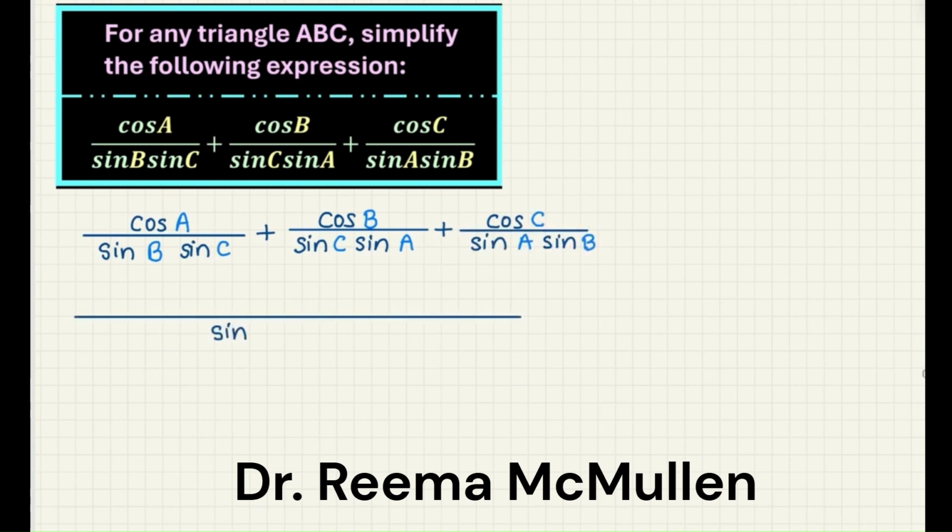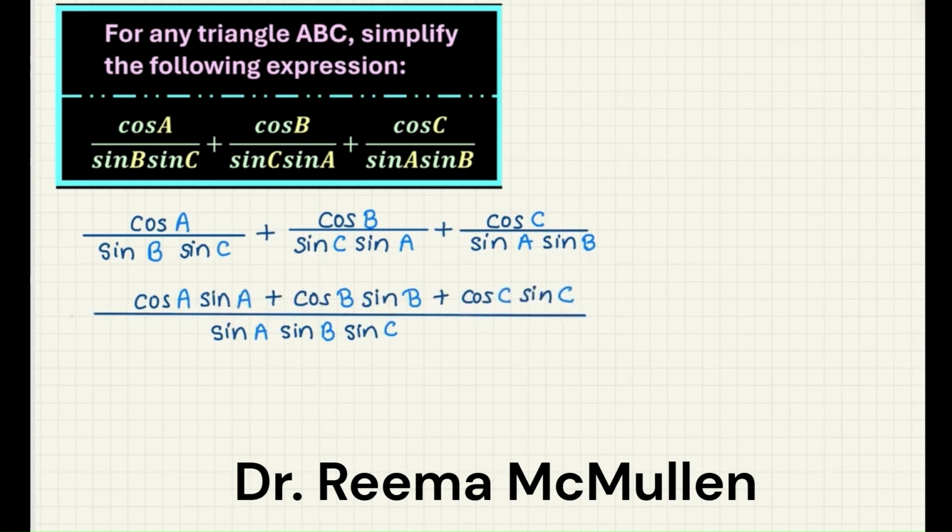We will make the denominator of every term equal to sin A sin B sin C. And to do that, we will multiply and divide the first term by sin A, the second term by sin B, and the third term by sin C. We will next factor out the common denominator sin A sin B sin C from the 3 terms, and this makes our given expression equal to what?